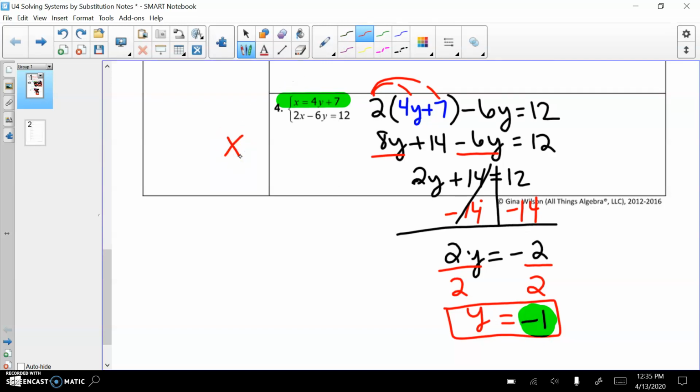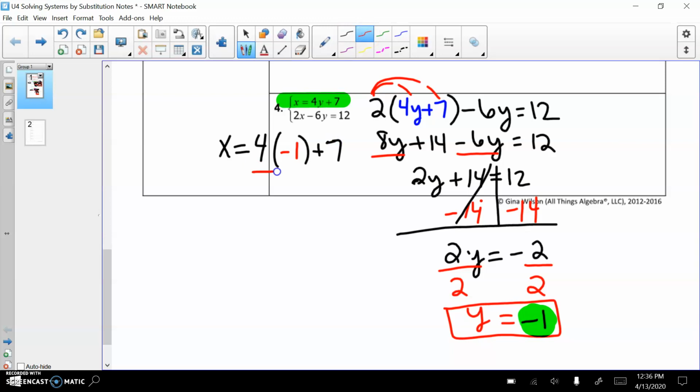So I have x equals, let me switch colors here, 4, because that's part of the equation, and I'm going to replace the y with the negative 1 that we just found down on the bottom, and then plus 7. And now you just need to solve it.